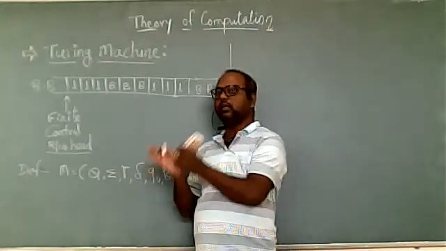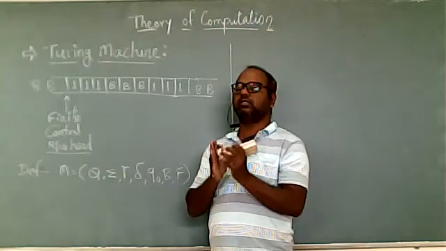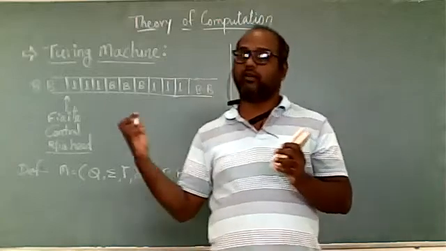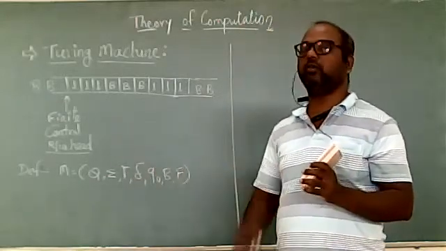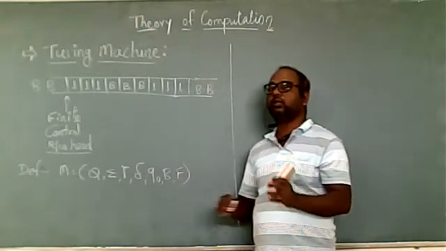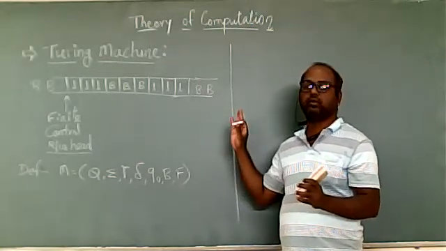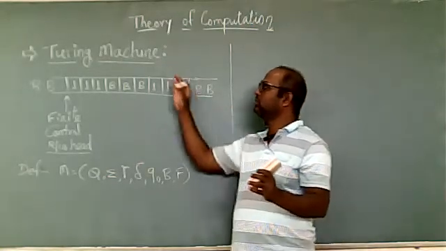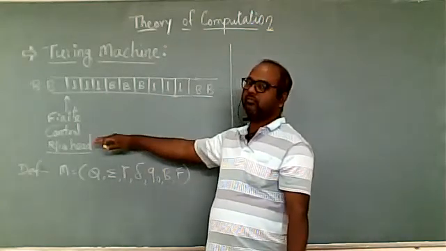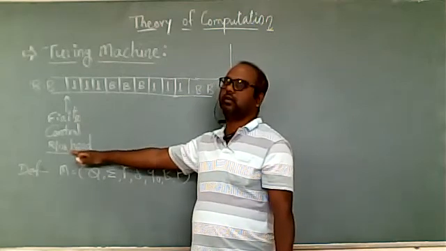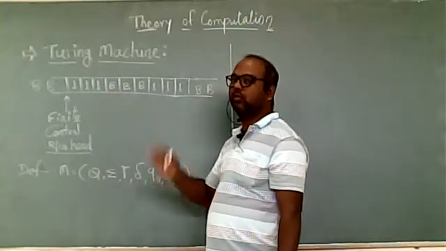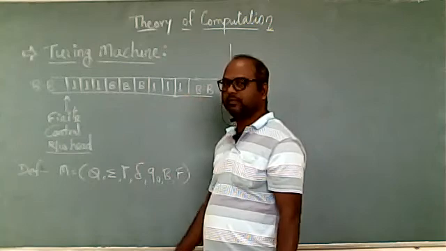So these are the three operations your finite control, or the read write head, can do. This is what helps in the actual computation on the symbols. So the basic thing about the Turing machine is the input tape and the read write head, which is capable of reading the input or modifying it, writing onto the tape. And the head can move left, right, or stay on the same place.